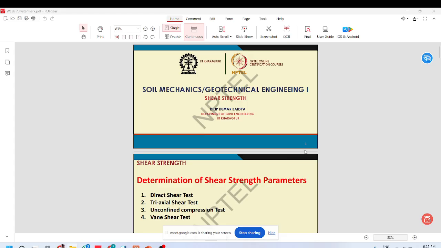We talked about the shear strength parameters, which are C and phi.